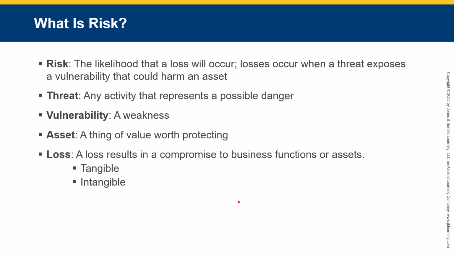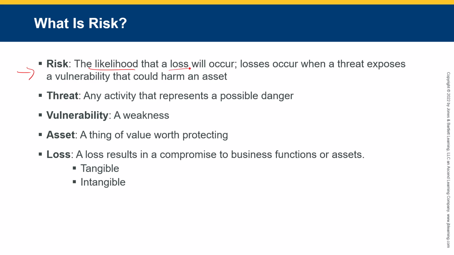So first question is, we have to learn some terminology. Language is important when we're talking risk. So the big 5 we have to look at is risk, threat, vulnerability, assets, and loss. Risk, likelihood of an event occurring. Now normally we're looking at risk in terms of loss.